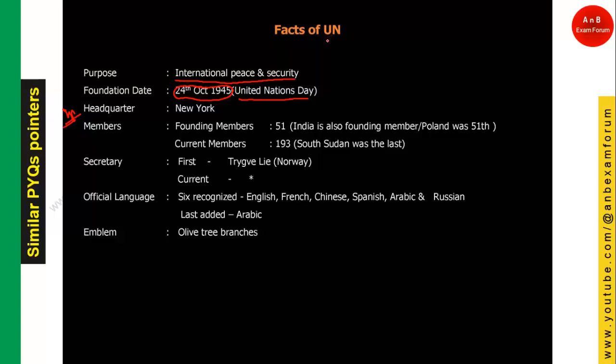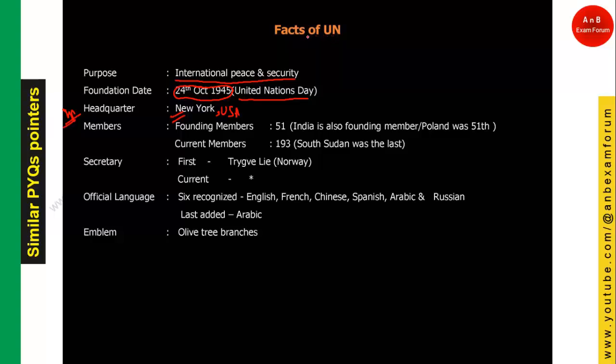Because it is one of the major organizations in the world working on international peace and security. And the headquarter is in New York, that is in America, USA. So New York is the place where the headquarter of the United Nations is present.